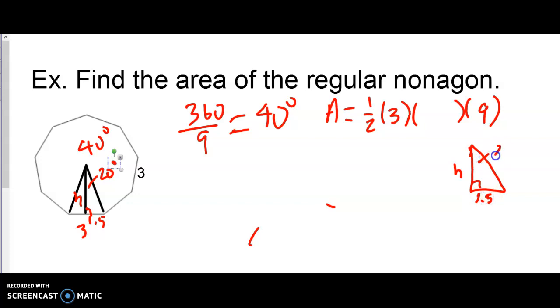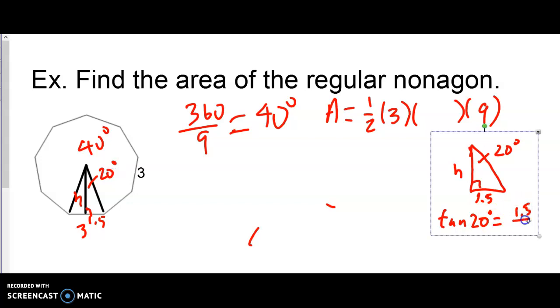This is 20 degrees. And I can write the equation for tangent of 20 degrees equals the opposite side divided by the adjacent side, H. Doing the old switcheroo, I get H equals 1.5 divided by the tangent of 20 degrees.